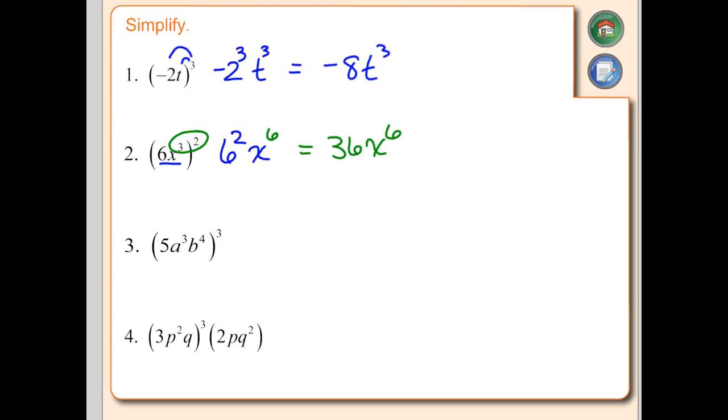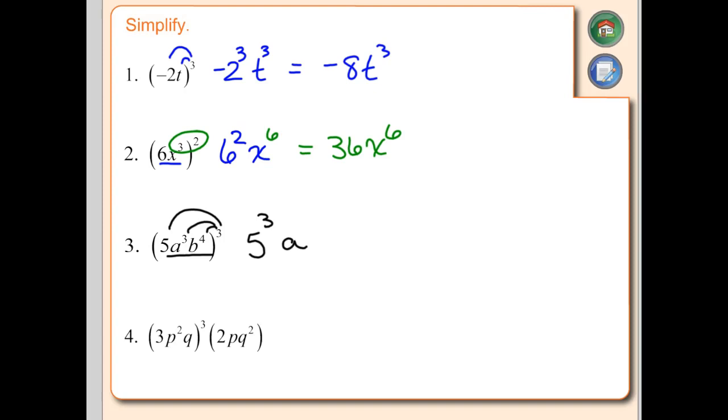Let's look at our third example here. We've got 5a cubed b to the 4th, and we want to cube that. So remember, this cubed on the outside is going to everybody on the inside. So we've got 5 cubed. What's going to happen with that a?